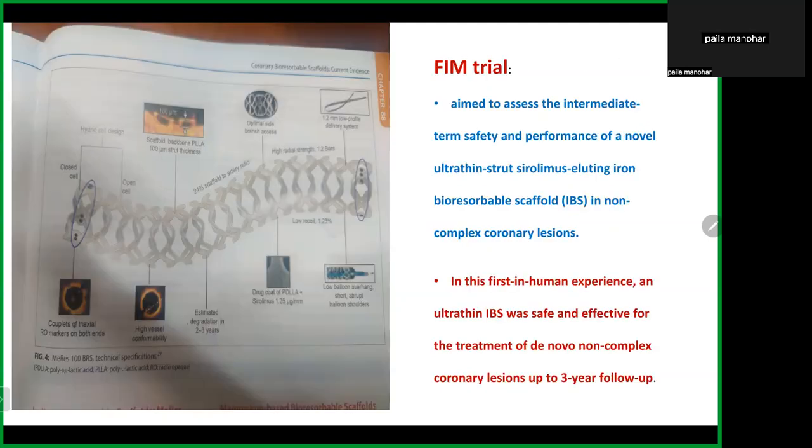So with them, the Meril people have commenced a program of randomized control trials with worldwide participation.